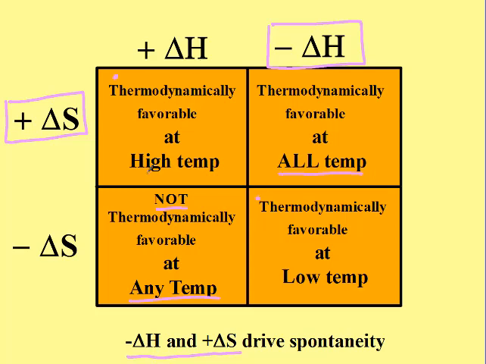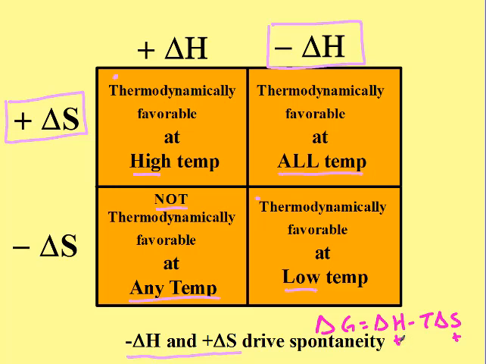If they're both positive, delta G will be negative at high temperatures. And if they're both negative, delta G will be negative at low temperatures. The reason being is delta G is equal to delta H minus T delta S. If delta H and delta S are both positive, right now my delta H is against thermodynamically favorability.